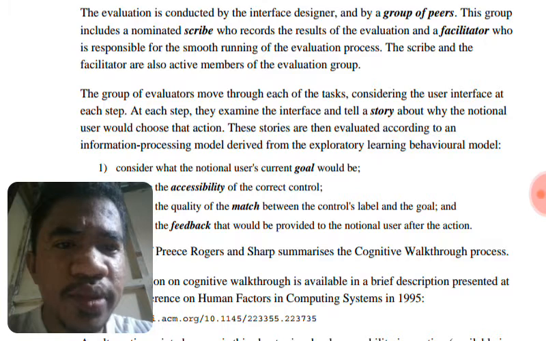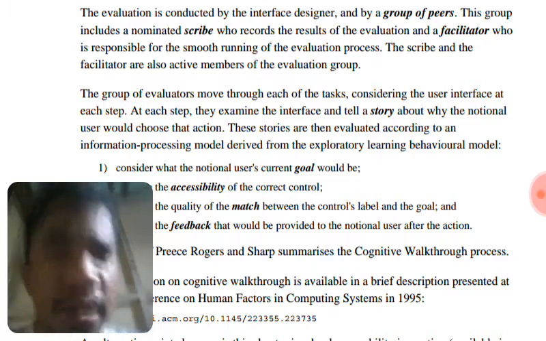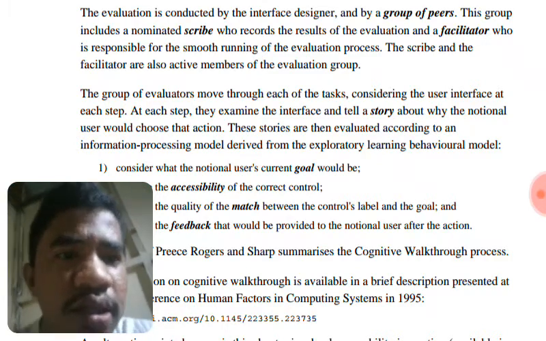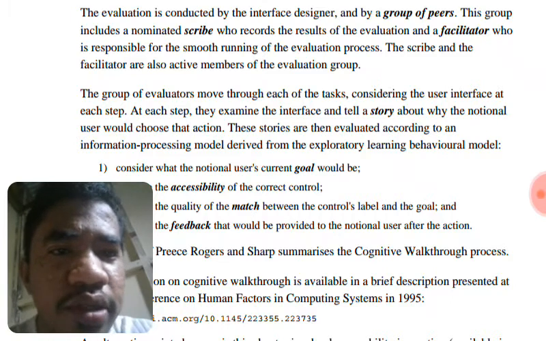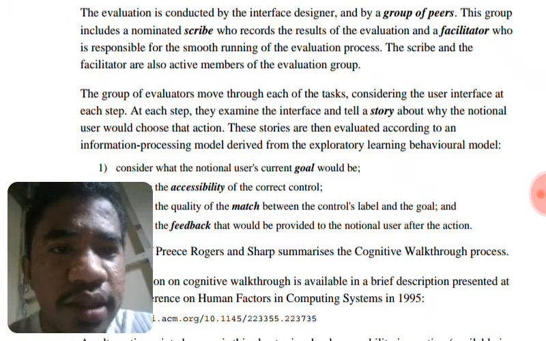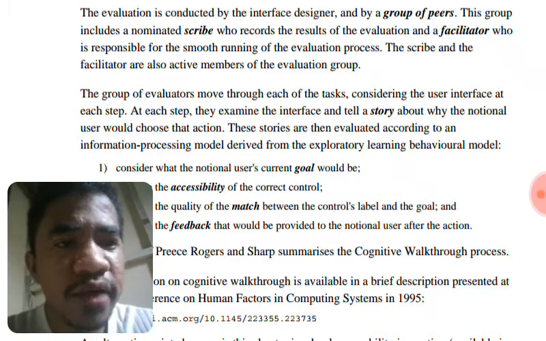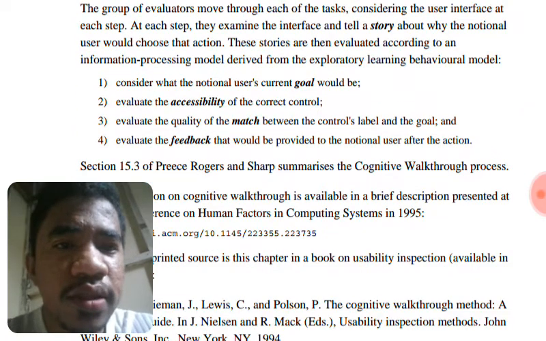The group of evaluators moves through each of the tasks, considering the user interface at each step. At each step, they examine the interface and tell a story about why the notation user would choose that action. This story is evaluated according to an information processing model derived from the exploratory learning behavior model. One, consider what the notation user's current goal would be.